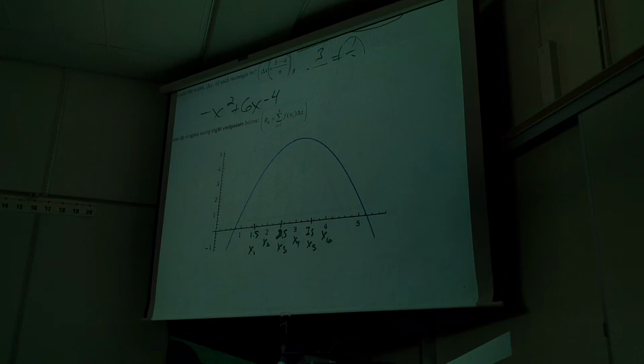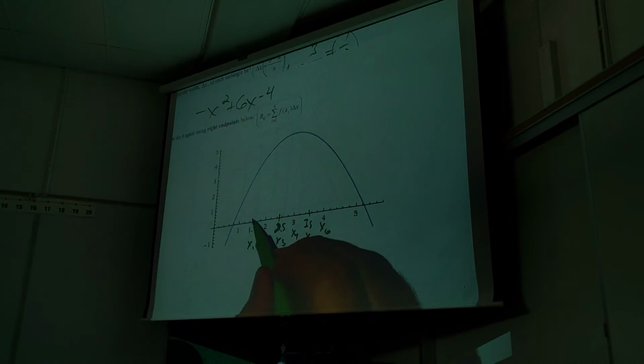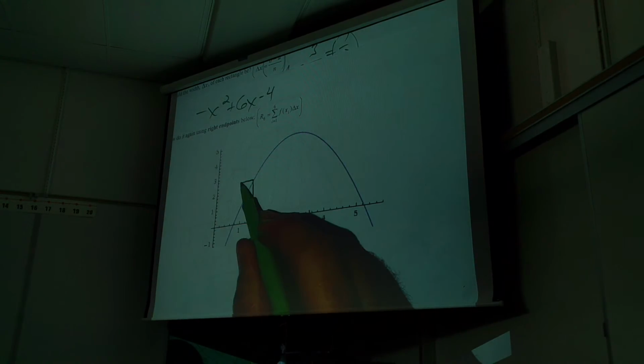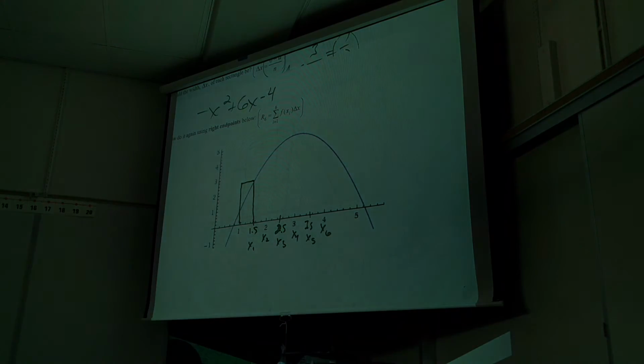All right, let me see. There are a couple of easy mistakes you can make, but my first rectangle has to start where? At 1, because I'm going from 1 to 4. But the height of it is going to be governed by this. So I draw up and then over. I've got to go from 1 to 4, right? So you have to end up covering 1 to 4 with rectangles.